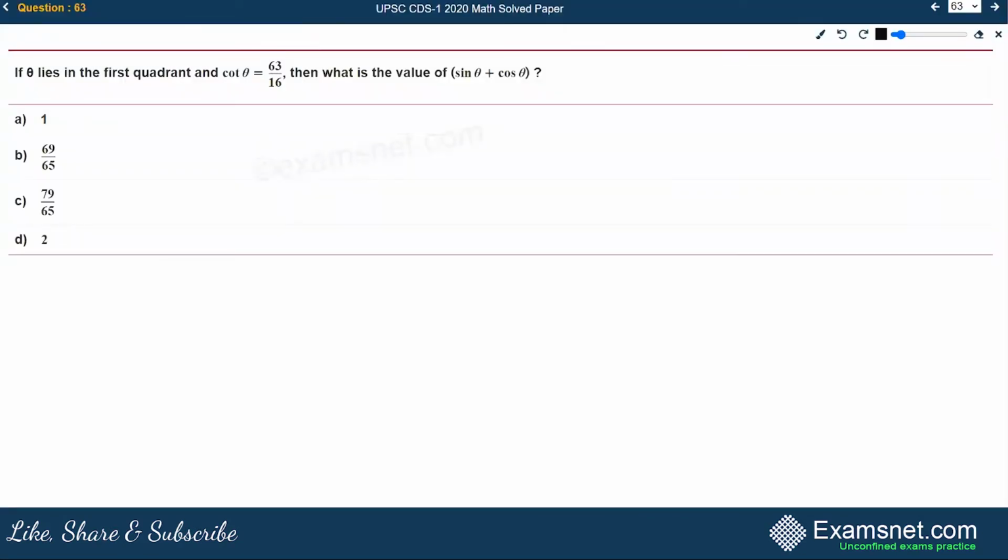In question number 63, we are given: if theta lies in the first quadrant and cot theta equals 63 by 16, then what is the value of sine theta plus cos theta? Let's say this is a right angle triangle ABC with right angle at B. Cot theta is BC by AB, that is base by perpendicular.